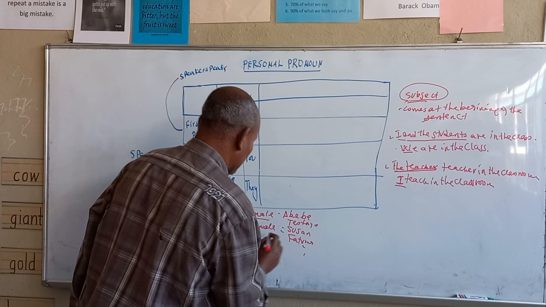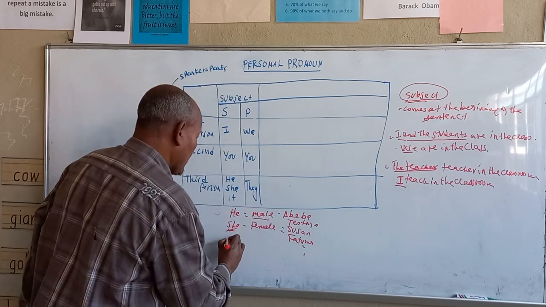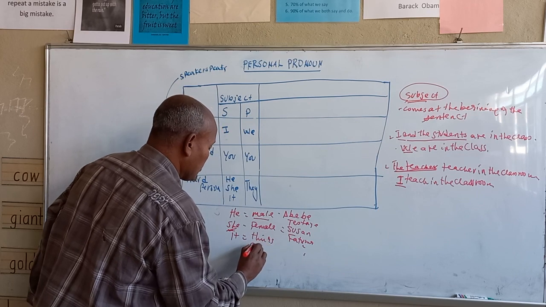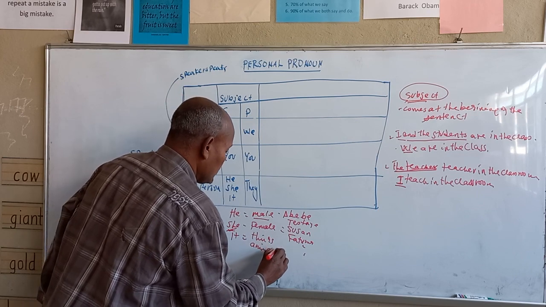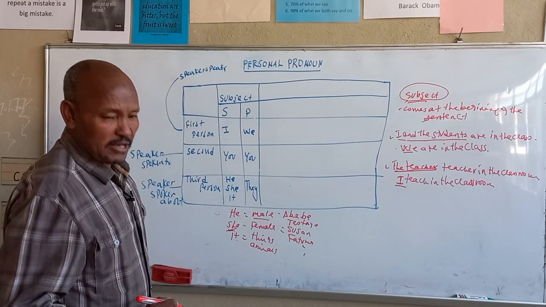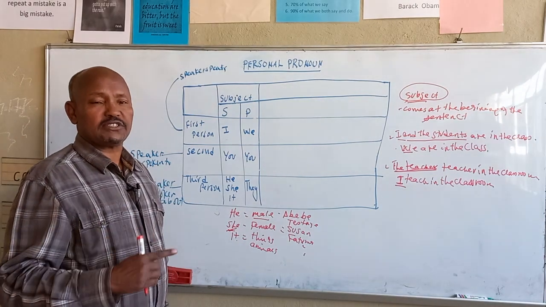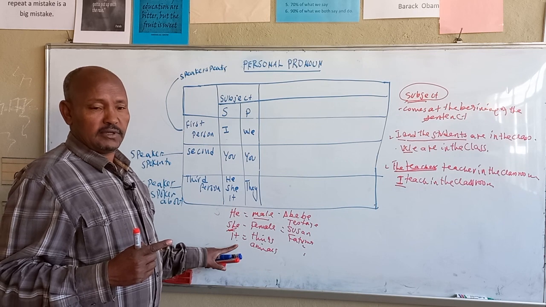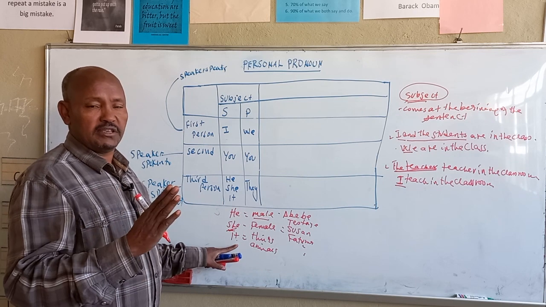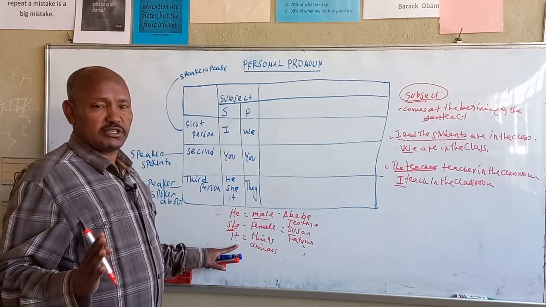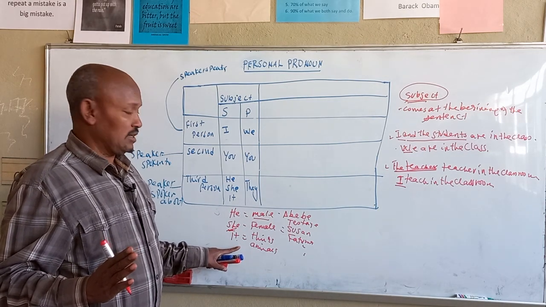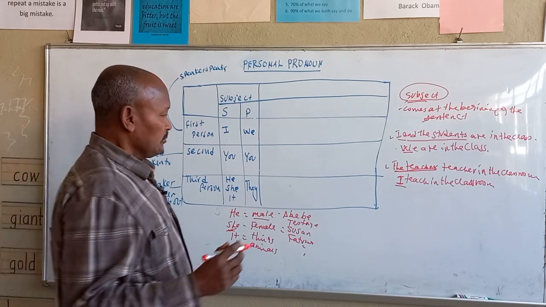And the other, it, represents things and sometimes animals, and sometimes a person, like a baby, especially if we do not identify the sex of the baby. We are in doubt whether he is male or she is female, so we sometimes use it for the person.